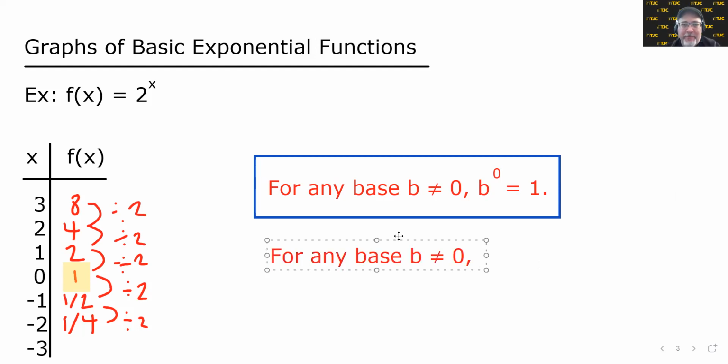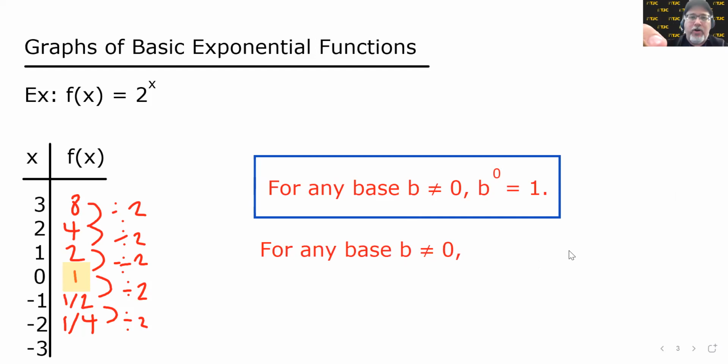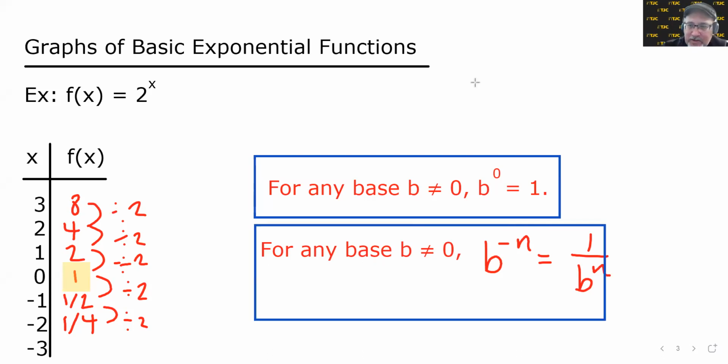So for any base b not equal to 0, we have b to the negative n power is equal to 1 over b to the positive n power. It doesn't seem very intuitive, but the way exponents work, it must be.